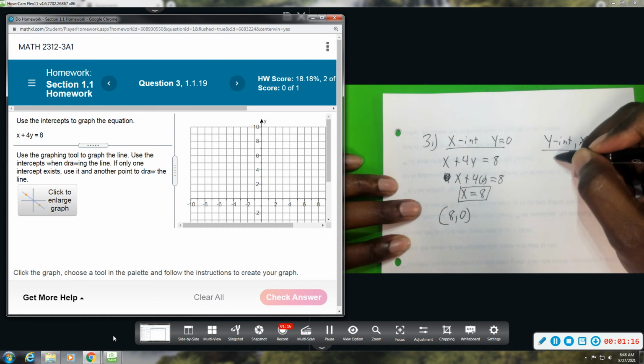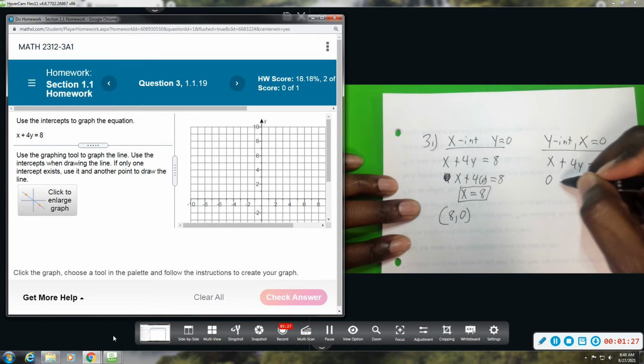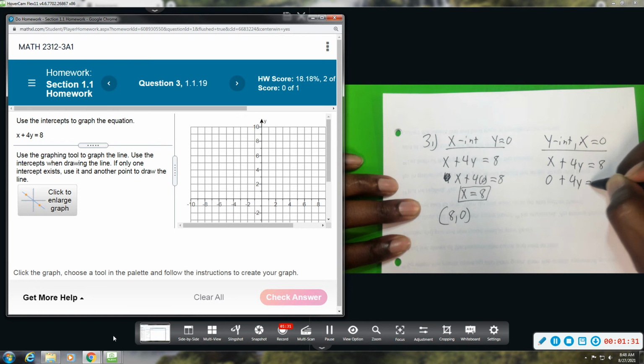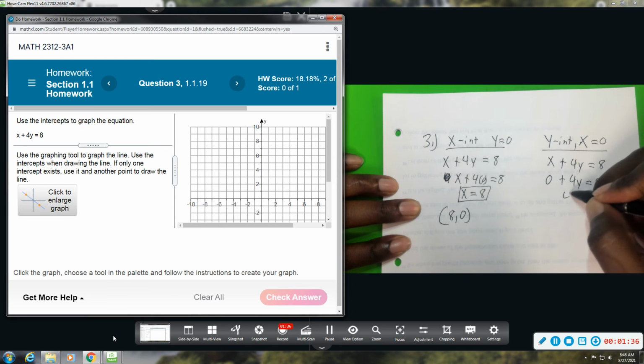Over here, when we find the y-intercept, we have x plus 4y equals 8. This time we're going to plug a 0 for x. So I'll plug in a 0 plus 4y equals 8. When we add 0, we just end up with 4y equals 8.